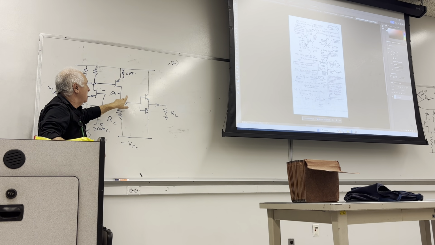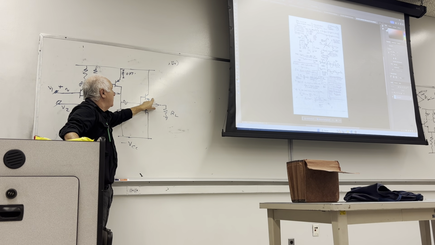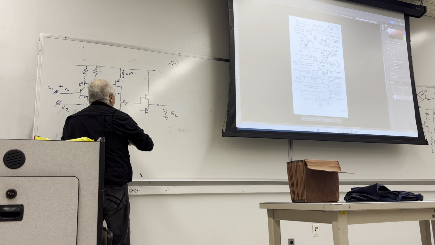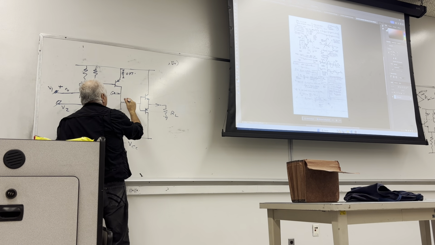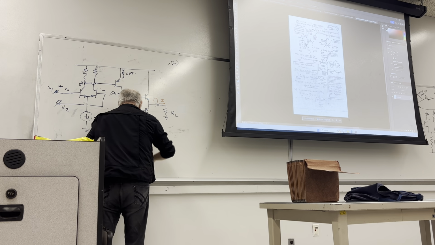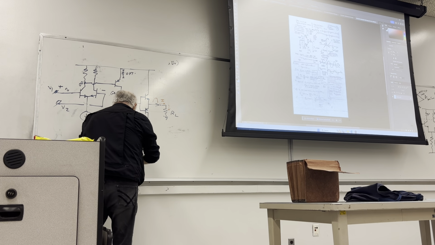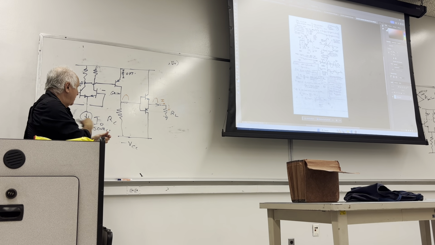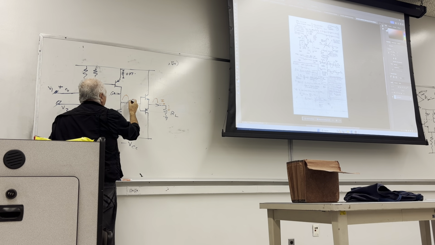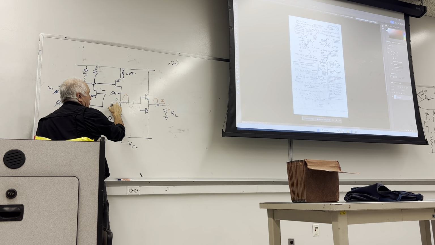For positive going signal, the upper transistor base will go positive. Therefore, the current will go into positive conduction. So this is positive, this will go positive, and the current will go in the direction of the arrow, towards the load. For negative inputs, negative phase from the zero, practice to make that equal to zero.